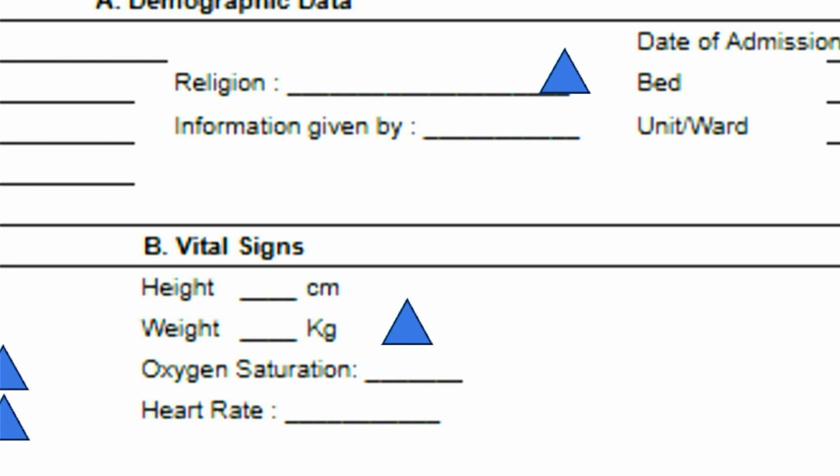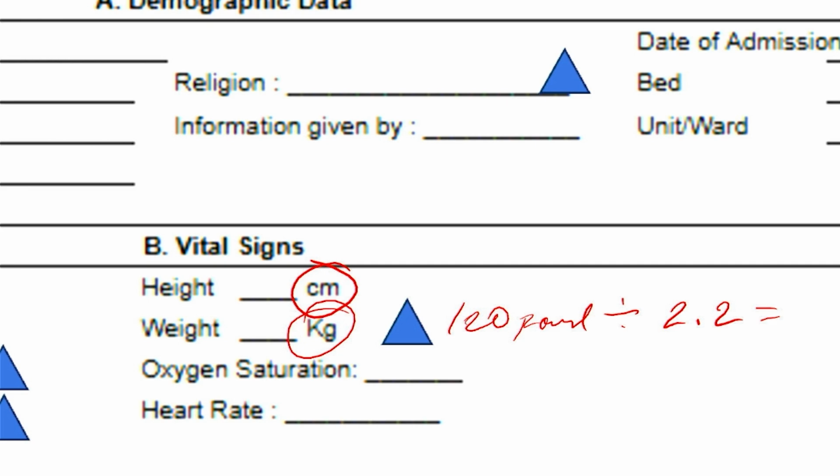Next will be the height. Remember, we're going to use centimeters, not inches. For the weight, we need to convert that to kilograms. For example, if the patient is 120 pounds, then we need to divide that by 2.2. If you put 120 divided by 2.2, it will give you 54.54.